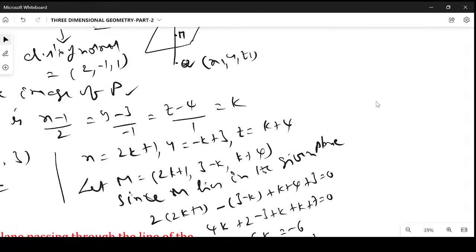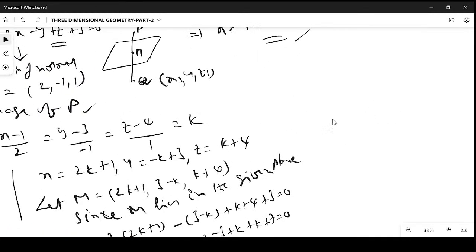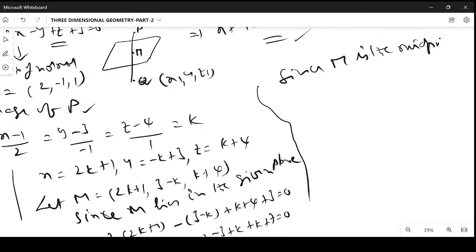Since M is the midpoint of PQ, I can use the midpoint formula now.